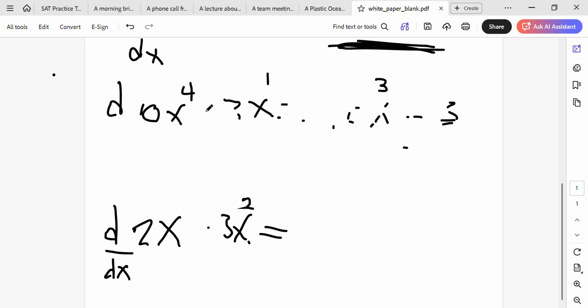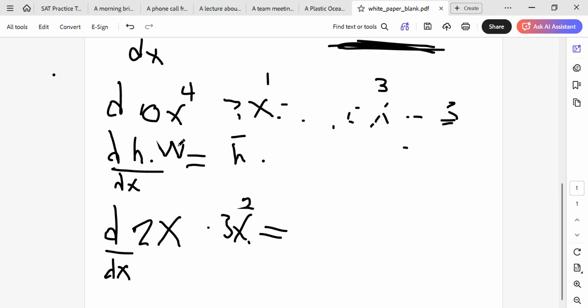If I have variables instead of numbers, let's say we have h and w, so we have two functions here and they're asking for the derivative of h times w. In this case you need to find the derivative of the first function, which is h here, so I'm going to put a prime here.